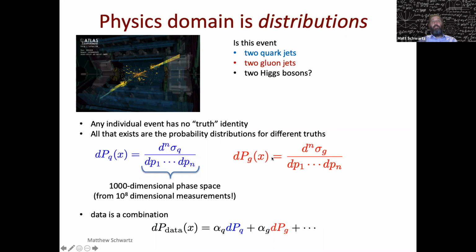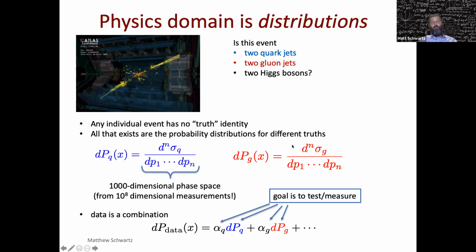So really what we're trying to do is map out these probability distributions. We're not trying to find the individual truth identity of the actual event. This is important for knowing what the best we could possibly do is. There's not always a right answer, but that doesn't mean that we can't do very well.